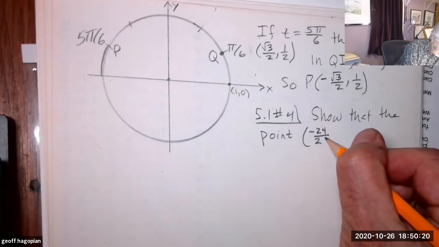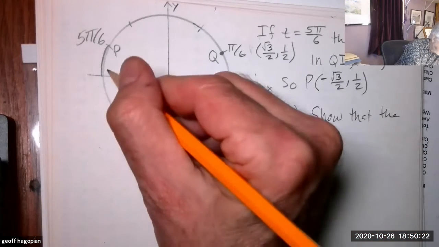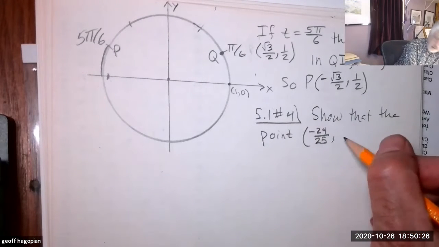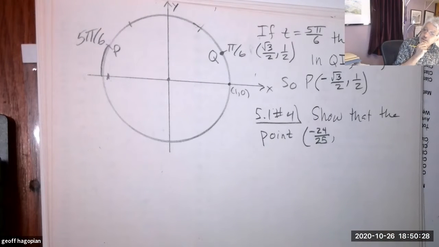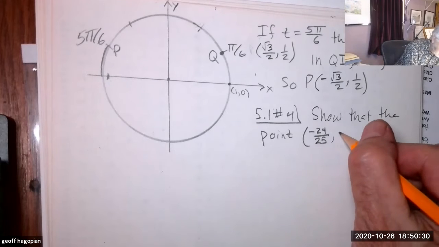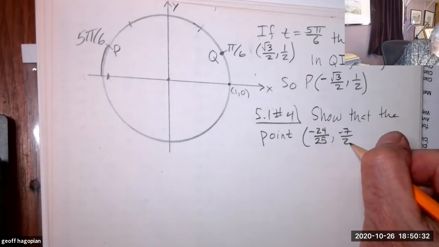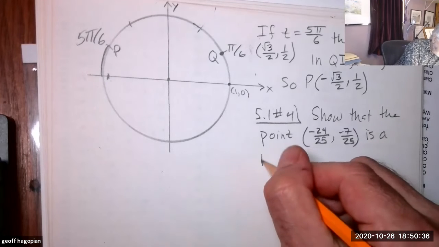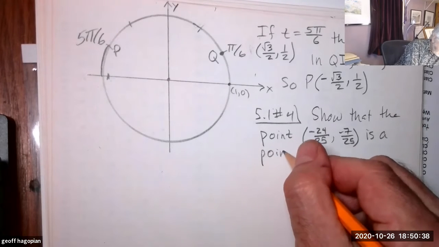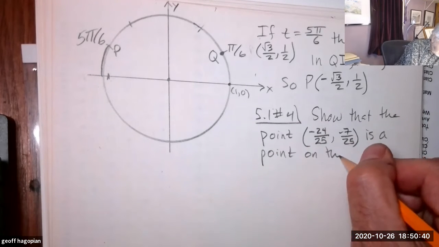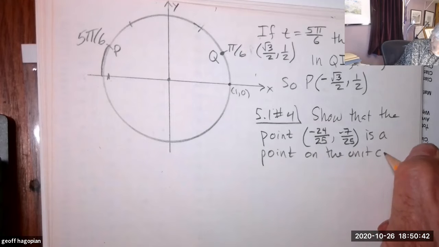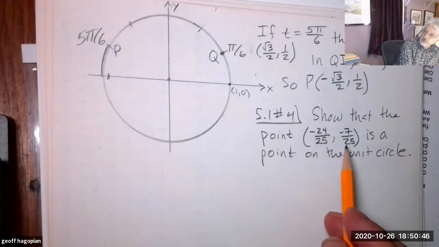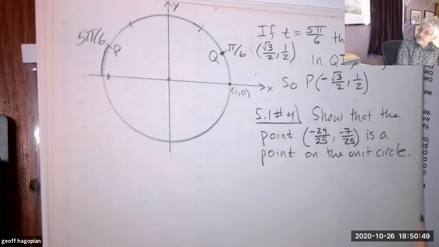That's the x coordinate. So we're back over here somewhere. And negative 7/25 is a point on the unit circle. Well, let's locate it first, right? It's in the 4th quadrant. Both coordinates are negative.